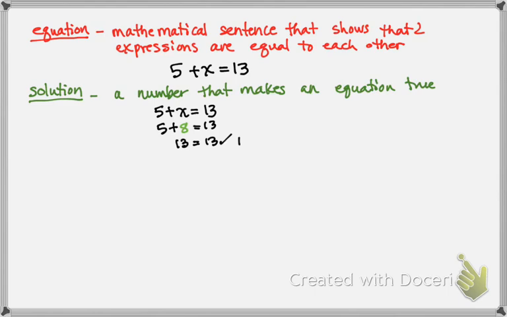Okay, so that's what we call true, when what's on the left is equal to what's on the right. So the stipulation is, if x equals 8, the equation is true. That's what we're looking for when we're solving: what makes it true.